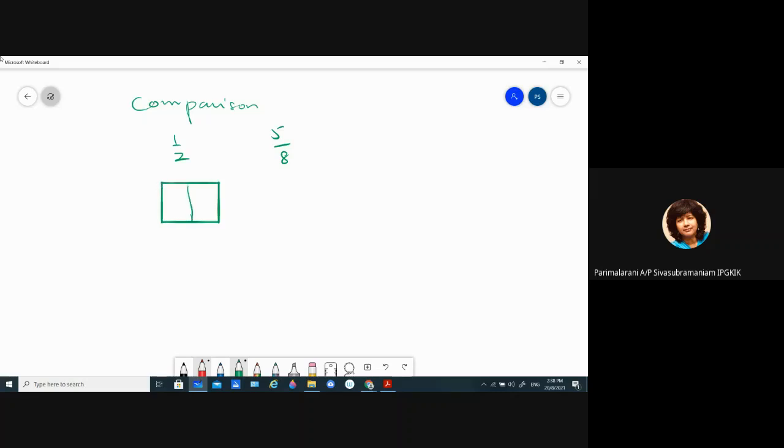Use the same size area. This is 1/2, shade 1/2. Then, using the same size rectangle, and we must emphasize that, we divide it into 8 parts.